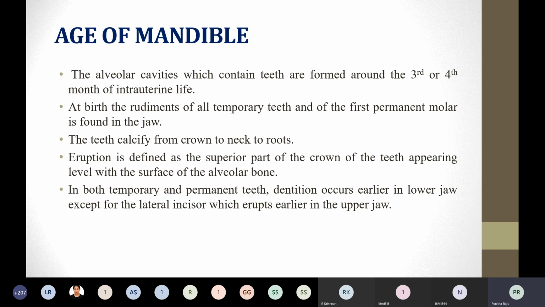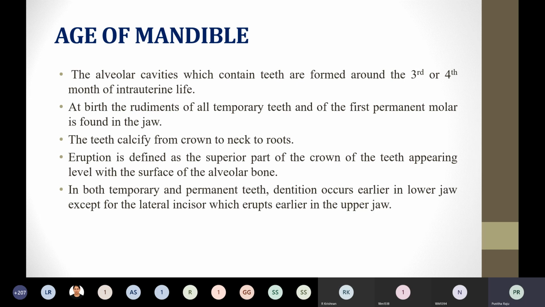And eruption is not always completely symmetrical. It is not that if a tooth erupts on the right, the left should erupt at the same time. There is some variation between the eruptions, so it is not always symmetrical. And tooth eruption in females may be 1 year before that of males. And mixed dentition is where you see both temporary teeth as well as permanent teeth in the jaw.